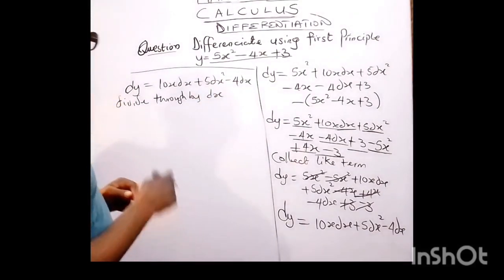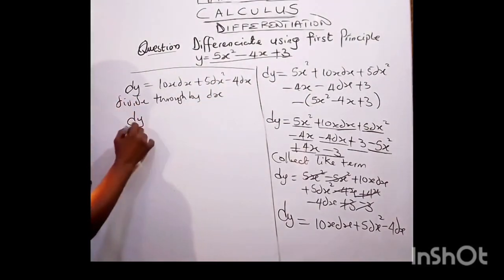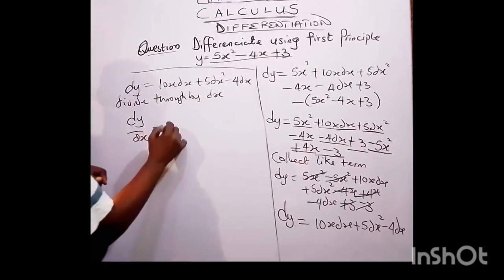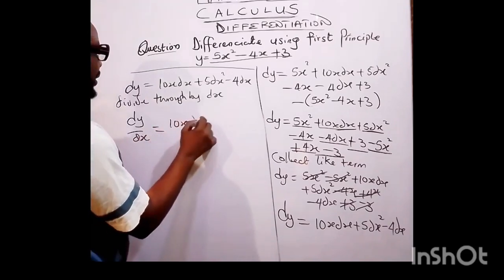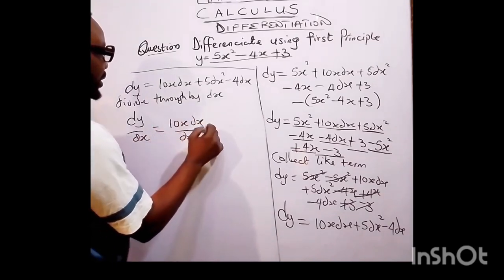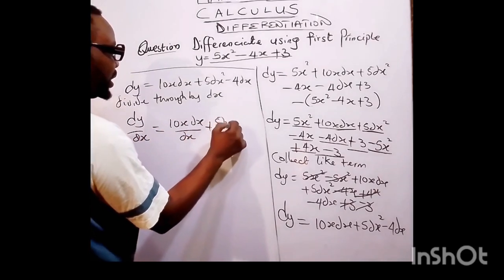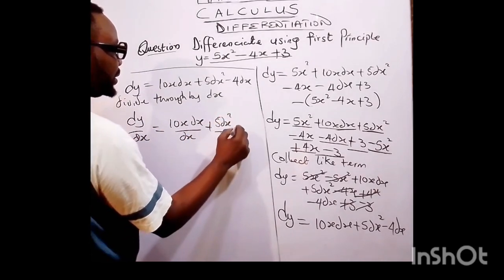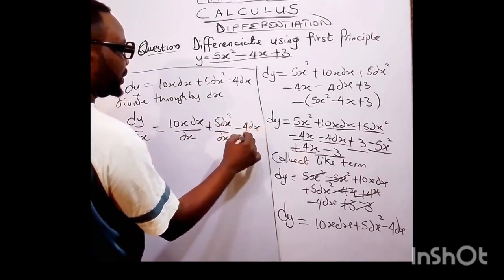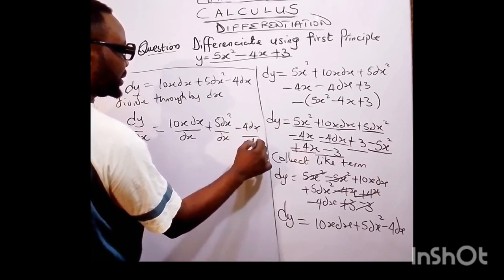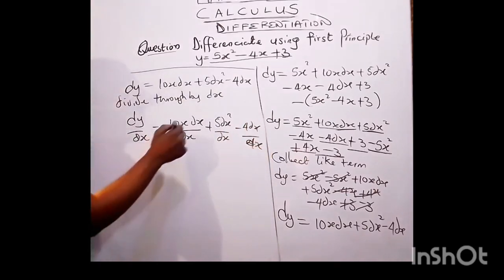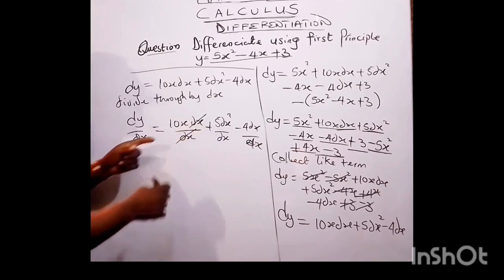So let's go ahead and solve our question. dy/dx will be equal to 10x·dx over dx, plus 5dx² over dx, minus 4dx over dx. So this one goes off, division.